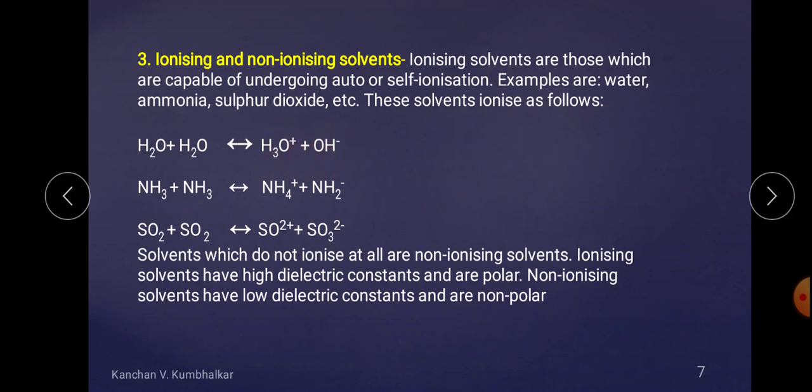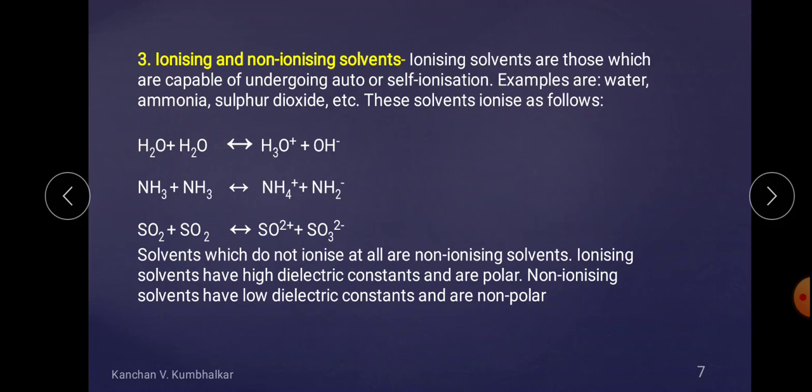So the neutral species get converted into two different ionic species, and such formation of ions is known as ionization, and this is used as a solvent, hence it is known as the ionizing solvent. So the solvents which are eligible to give auto ionization or self ionization are considered ionizing solvents.